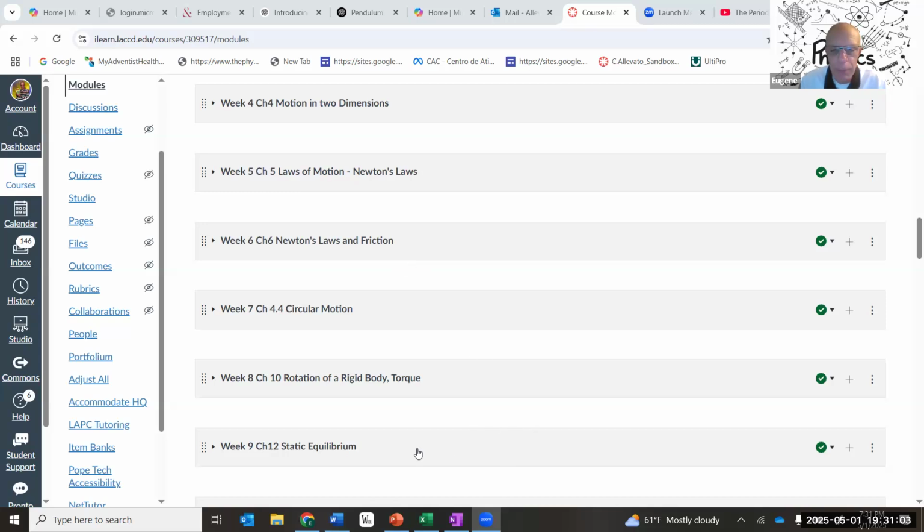Then the next thing was static equilibrium, right? Static equilibrium is forces being applied, but nothing moves, right? You have cables, you have a weight being hung by a cable, and that is in equilibrium.